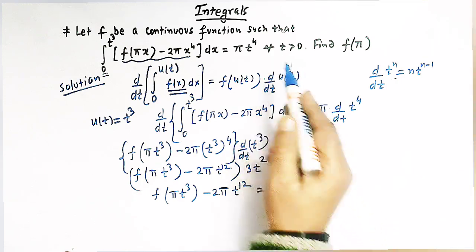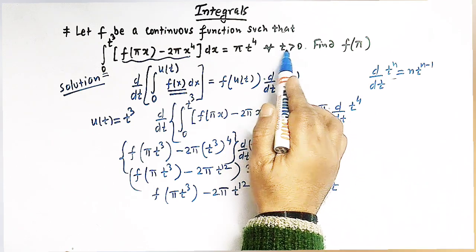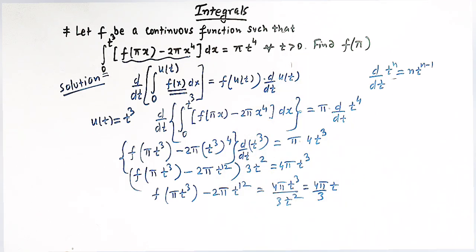And here it is important to note that t is greater than 0. So we can cancel out this t square with t cube. So now we can write f of pi t cube is equal to 4 pi over 3 t plus 2 pi times t raised to 12, right?